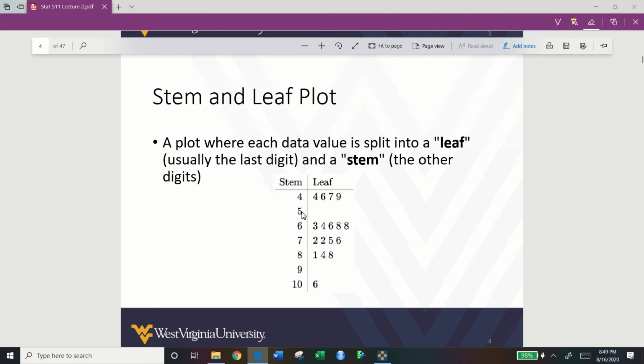That is 44. We also have 46, 47, and 49. Notice, even though there's no value in the 50s, we still have to record that number. Same with the 90s. We aren't allowed to skip stems. Where we stop and where we end, we have to state each subsequent stem.